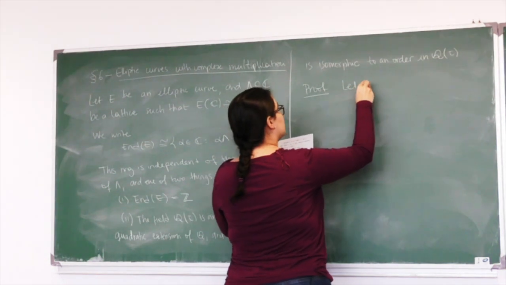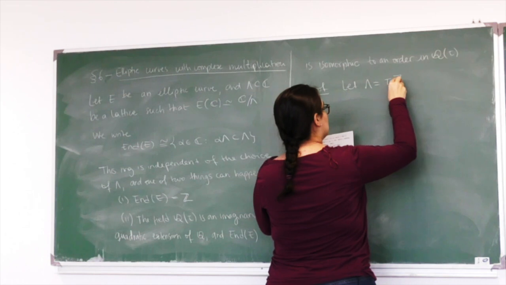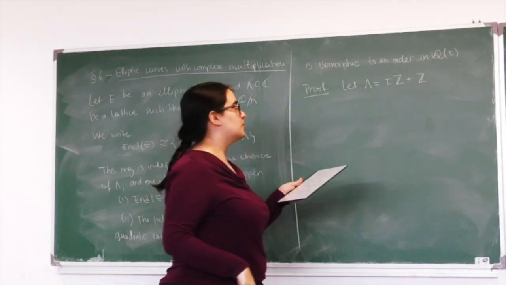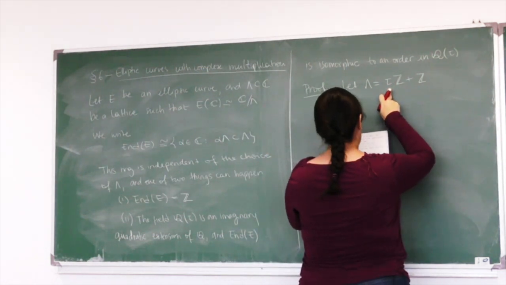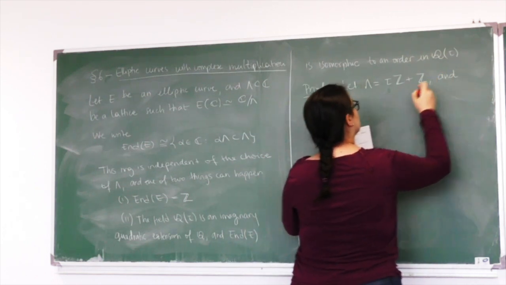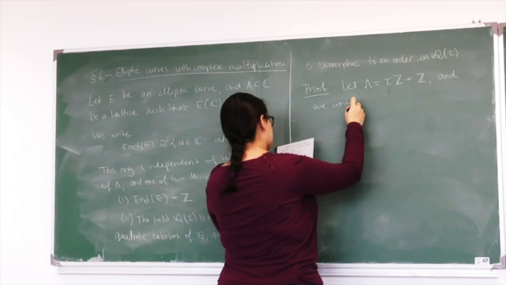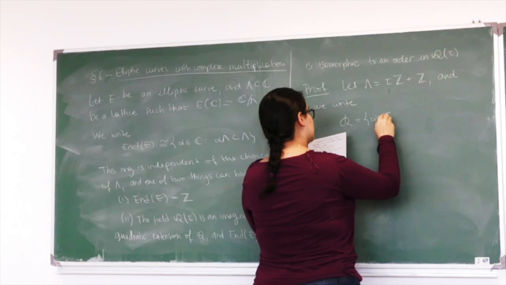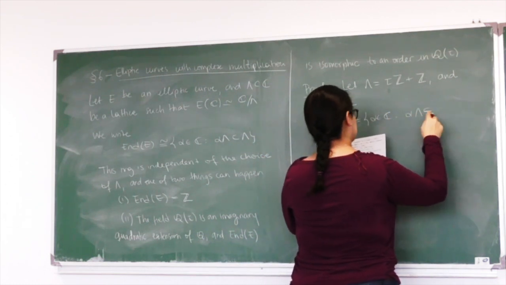So let lambda be a lattice, and we write it with respect to our choice of period, and we write R to be just the complex numbers such that they map the lattice to the lattice.